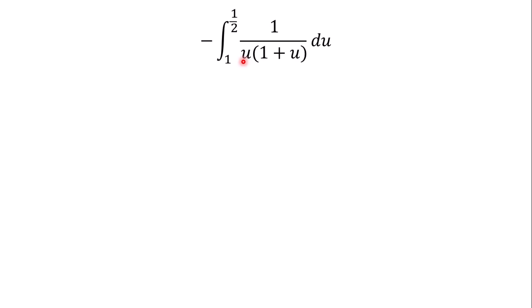By here it is u. So you're going to have A over u plus B over 1 plus u. You can also say A over 1 plus u plus B over u. Addition is commutative, so anyhow you do it is accepted. Okay, so let's split it into partial fractions.